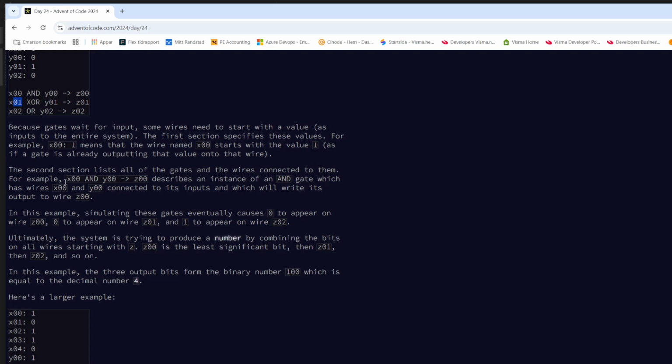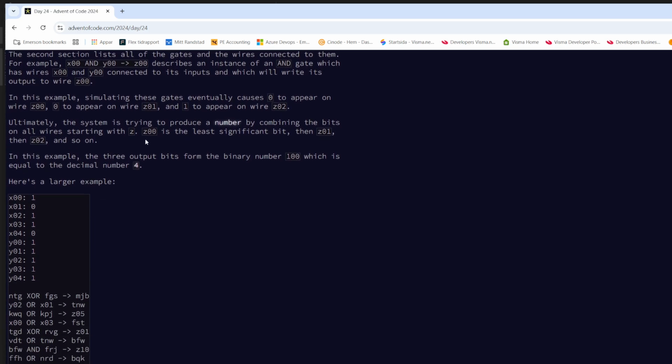For example, x00 AND y00 -> z00 describes an instance of an AND gate which has wires x00 and y00 connected to its input, and which will write its output to wire z00. In this example, simulating these gates eventually causes 0 to appear on wire z00, 0 to appear on wire z01, and 1 to appear on wire z02.